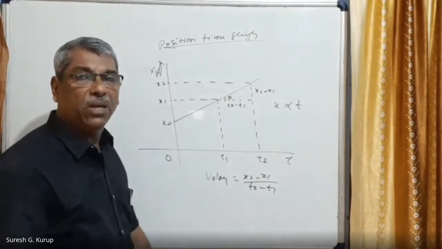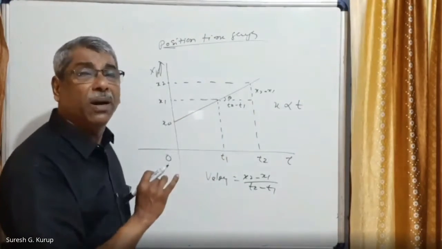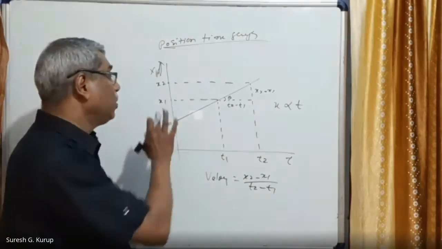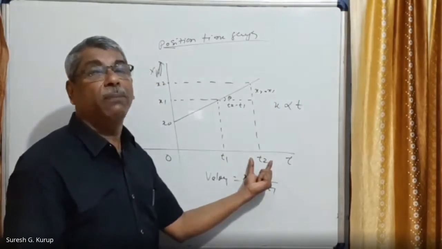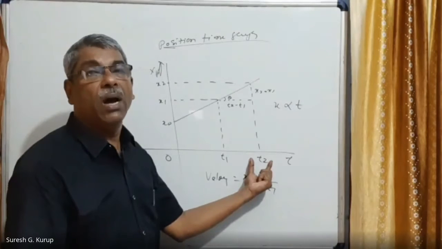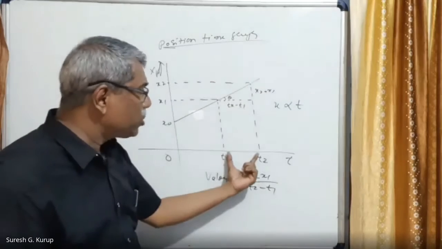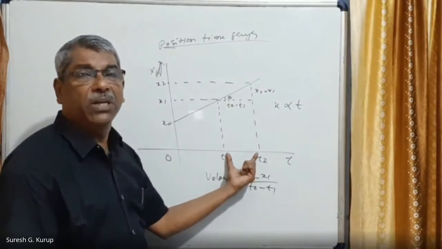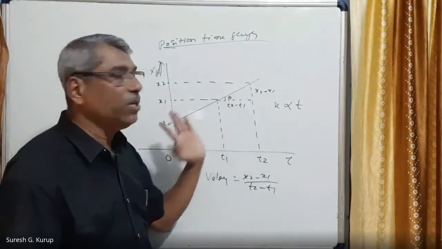When the time is t1 seconds, the position of the body from the origin is x1. When the time is t2, the position of the body on the x-axis is x2. Therefore, the displacement in this duration of time between t1 and t2 is x2 minus x1. Time taken is t2 minus t1.